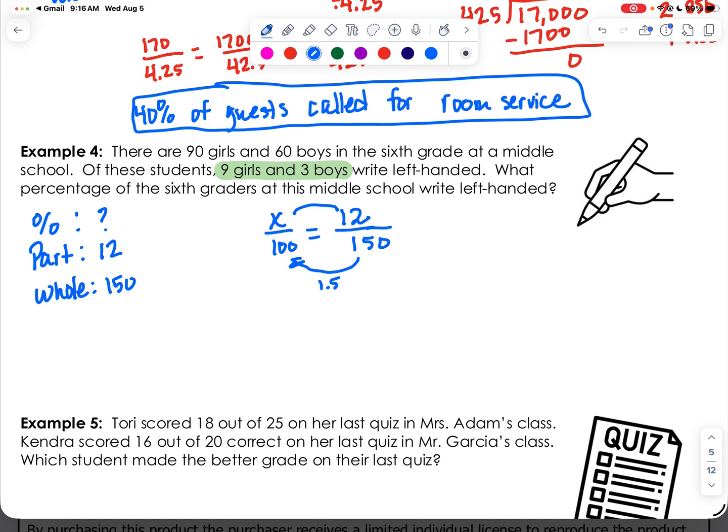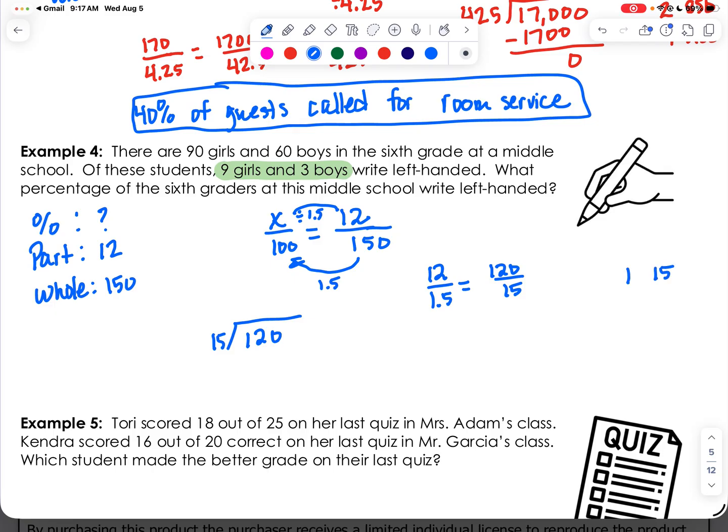So I'm going to divide 12 by 1.5. So 12 divided by 1.5 is the same thing as 120 divided by 15. So if I want to divide 15 into 120, I'll do a ratio table here.